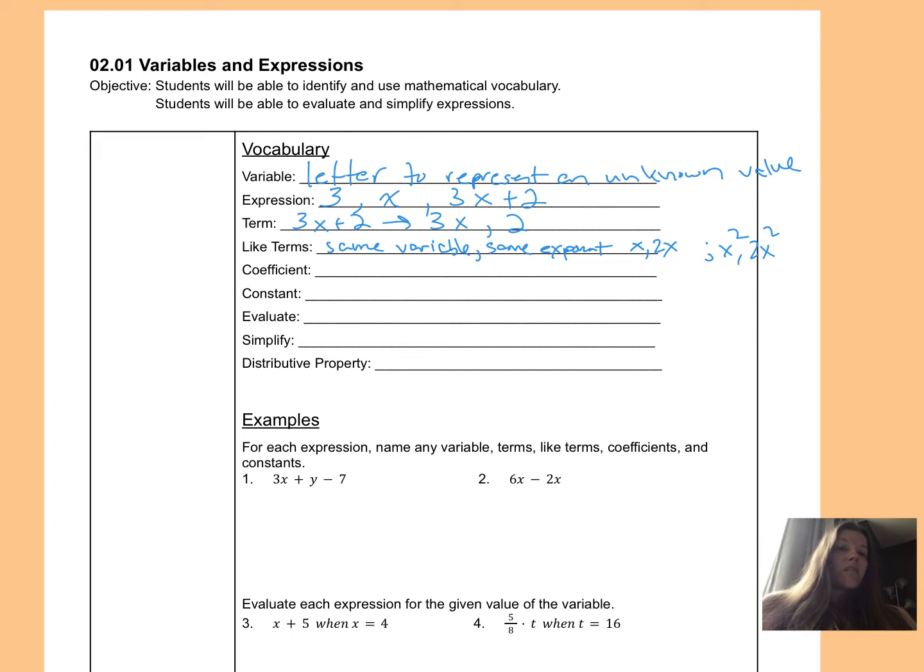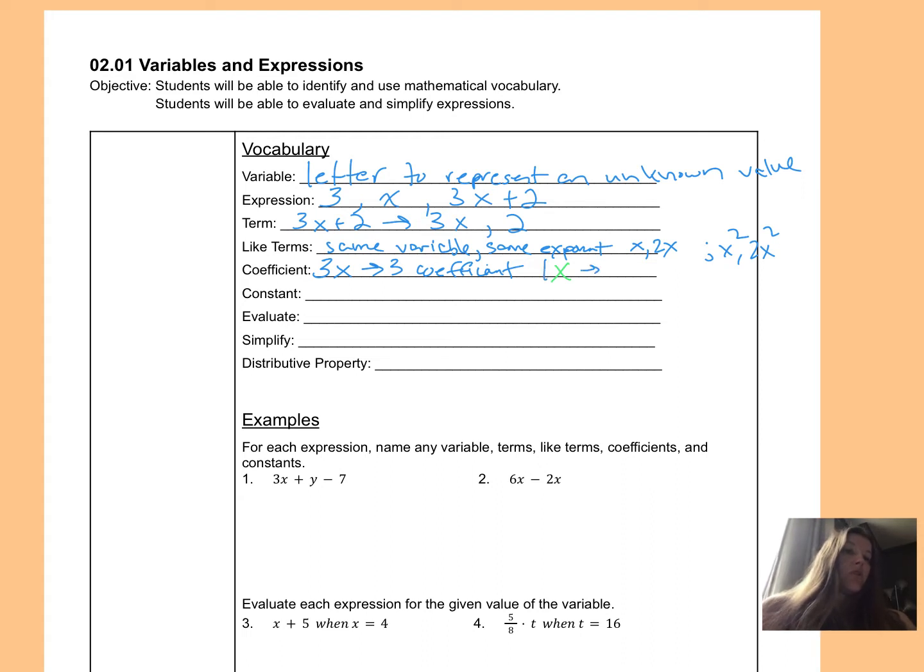Coefficients is going to be the number in front of a variable or attached to a variable. So if I have 3x, 3 is the coefficient. And just a note to make, if I have just a plain x, there's really a 1 in front of that.